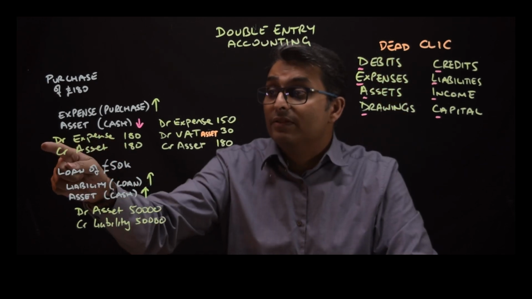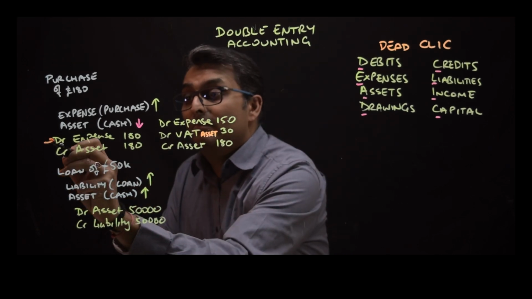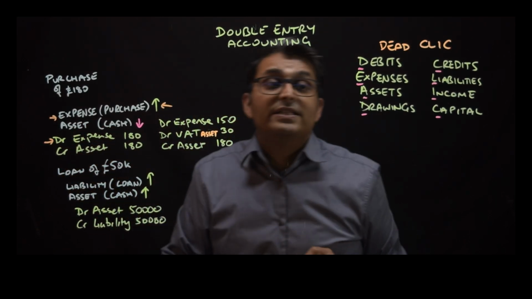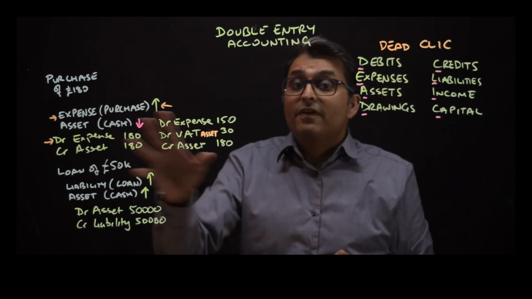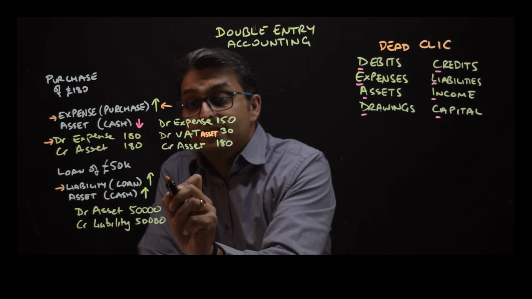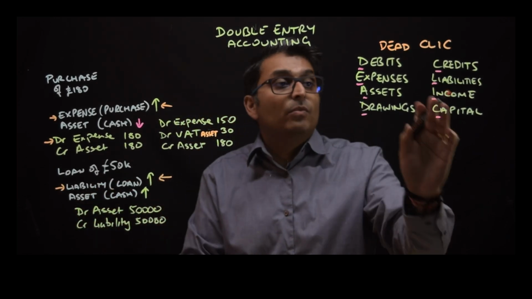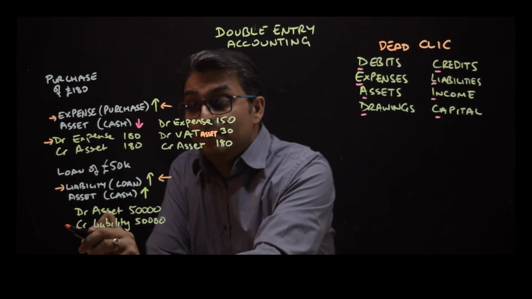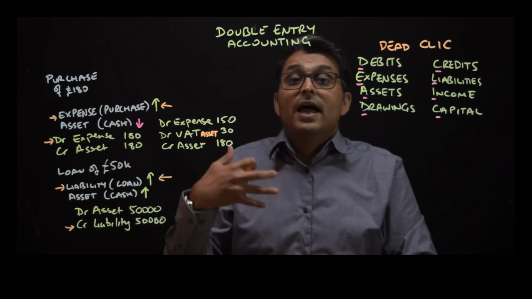And that's why I've done debit expense here, because my expense is increasing and it's in this column here. If I increase my liability, in this example here, how do I record for that? Well, liabilities are under credits, so I need to credit the liability. And that's why I've credited my liability, because it's increasing.